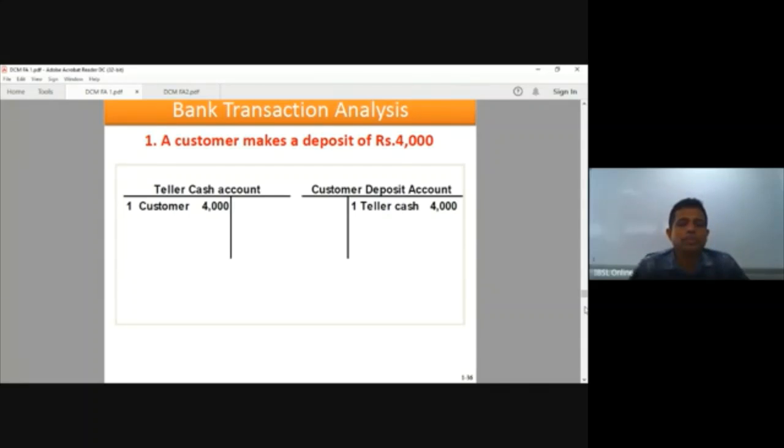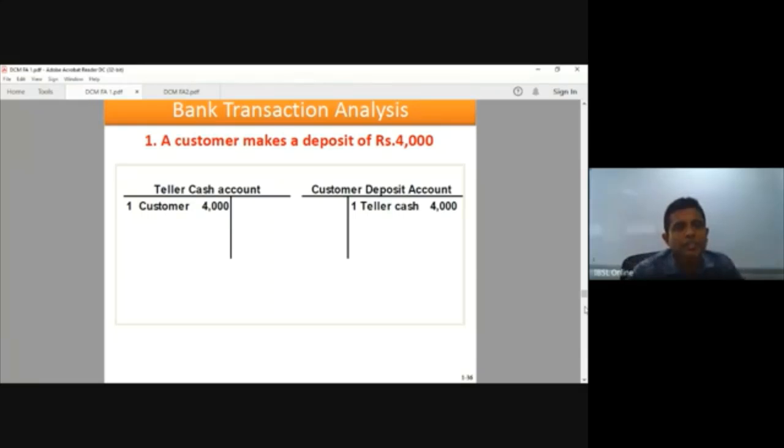A customer makes a deposit of 4,000 rupees: teller cash account debit, customer deposit account credit. Now I know for sure that you know the reasons for these two debits and credits. Can you recall yourself? Why do you debit the teller cash account? Why do you credit the customer deposit account?